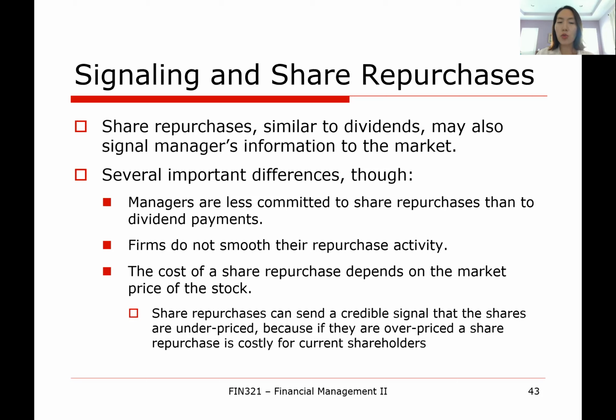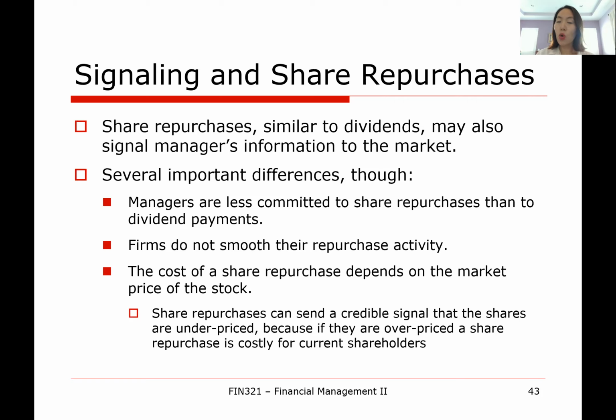It has to do with the cost of share repurchases. And the cost of share repurchases depends on the market price of the stock. When do you think the managers will decide to undertake stock repurchases? Only when they think their current stock price is underpriced, right?